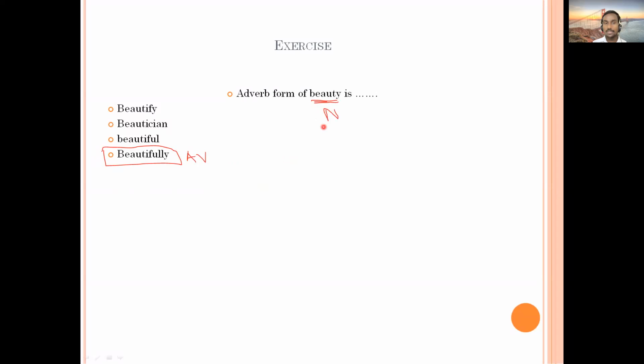If that is a noun, then what is the adjective of it? Beautiful is the adjective. What is the verb of this? Beautify is the verb.